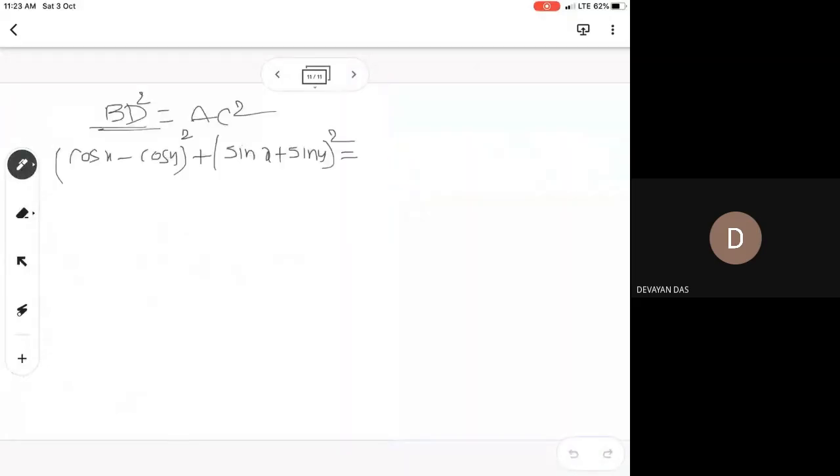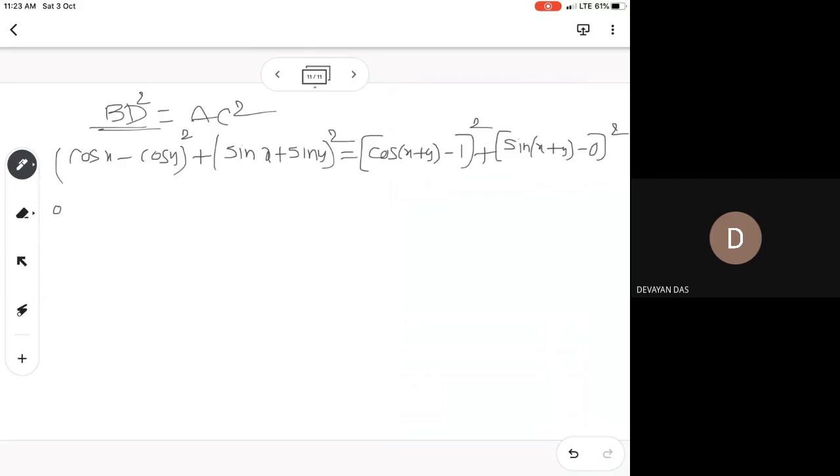So what do you get here? (cos(x plus y) minus 1) whole square plus (sin(x plus y) minus 0) whole square. So expand this.